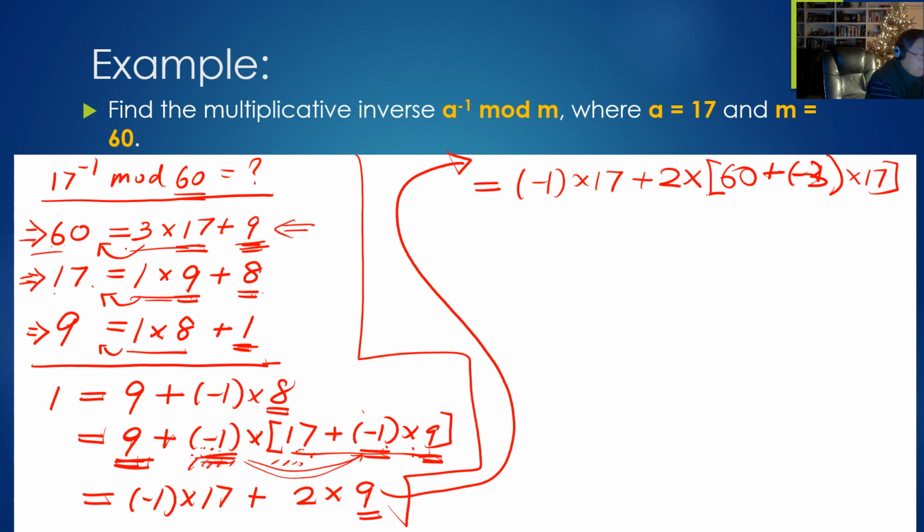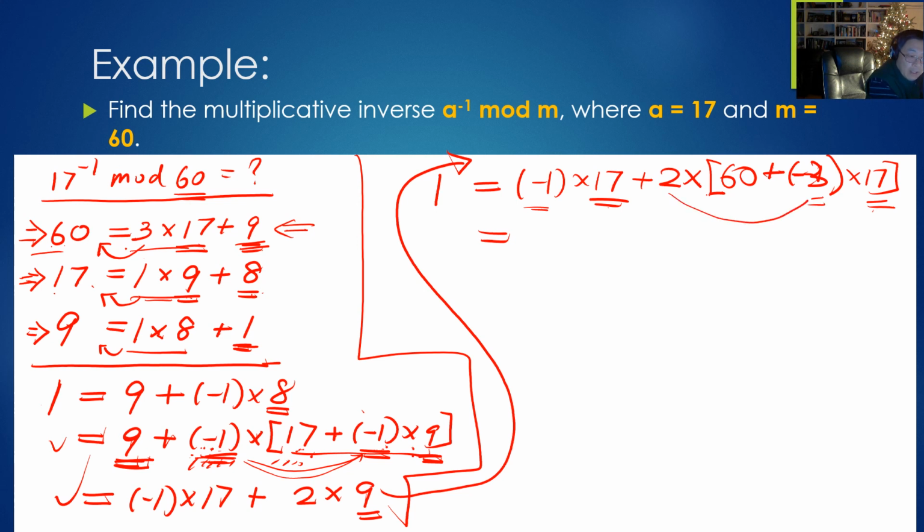Okay. Now let's take a look at further. So basically we have 1 equals this, equals this, equals this, and so basically it's 1 equals this, right? And then I could just change the right side because I can combine the term 17. Okay, so here I have a -1, and here I have a -3 times 2, right?